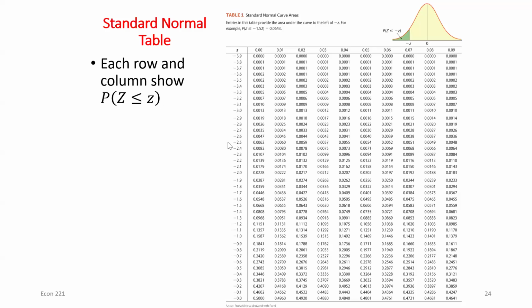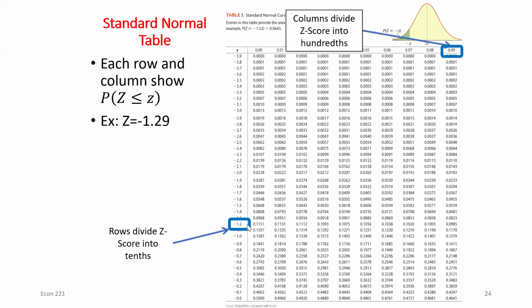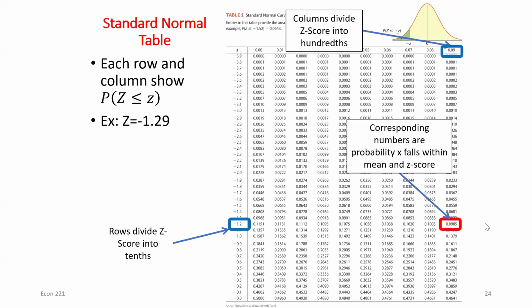So if I have, let's say, that z value of negative 1.29, well, this table only gives me the negative values. We'll see why this doesn't really matter ultimately. So if I go down to negative 1.2, and then what's my second decimal? 9. 1.29 gives me that probability, or the area under the curve is always going to be 0.0985.